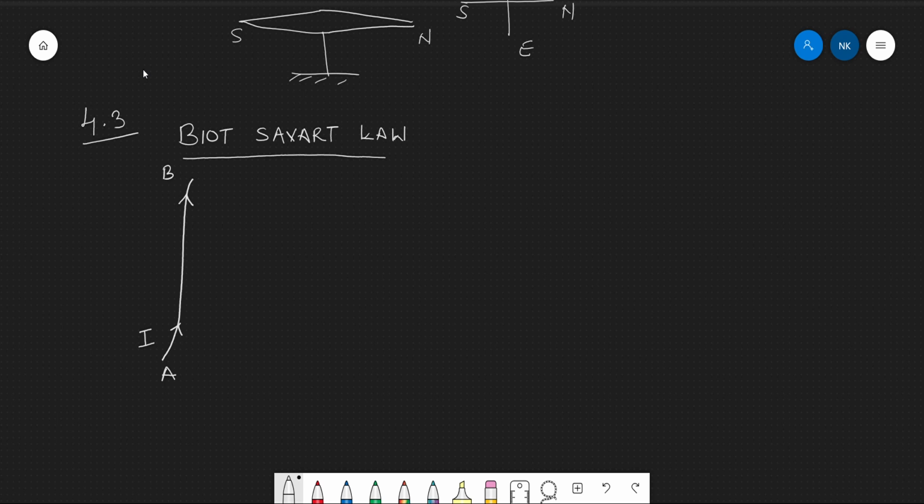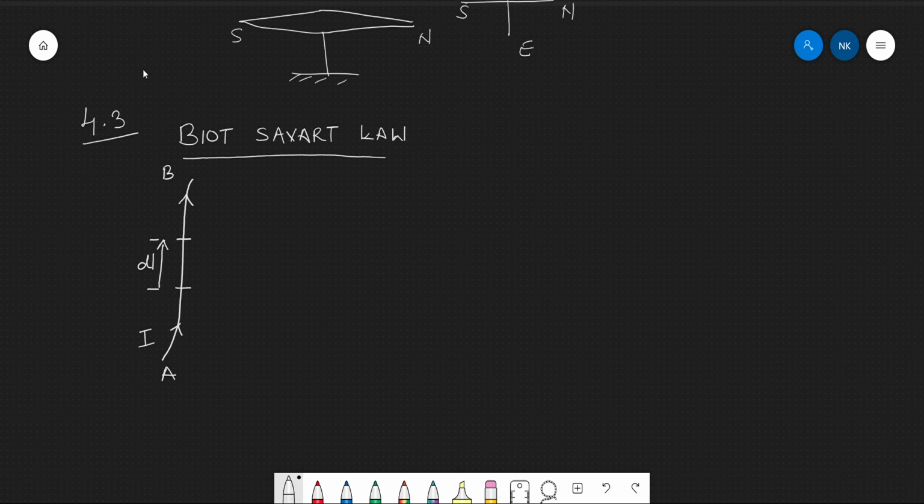Now let this be a small segment whose length is dl. I am marking it as dl vector, and you must not miss one thing here: the direction of the dl vector is exactly the same as that of the current flowing.